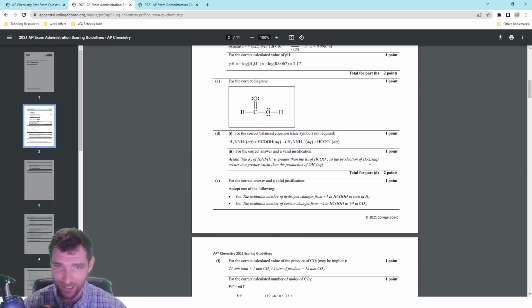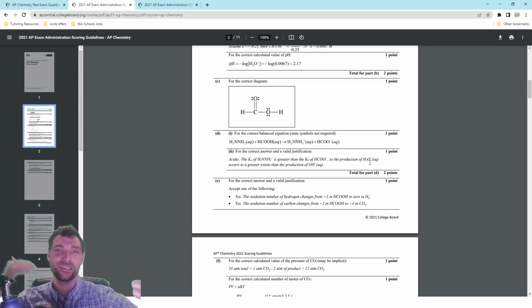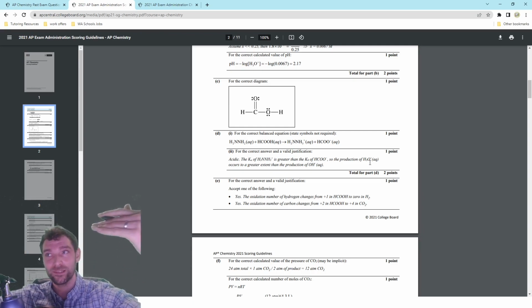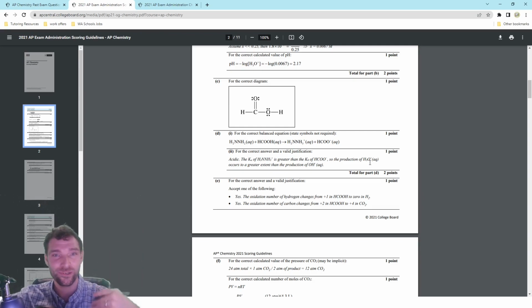And they're talking about the conjugate Kas and Kbs being greater so that they go back more, which is more technically correct if you think about what I was saying with the strong acid going forward all the way, and then the weak base kind of leaks back a little bit. So you can think about these things going forward, and then the one that was a weaker base has a stronger acid, so it kind of goes back more, therefore causing those acidic conditions.